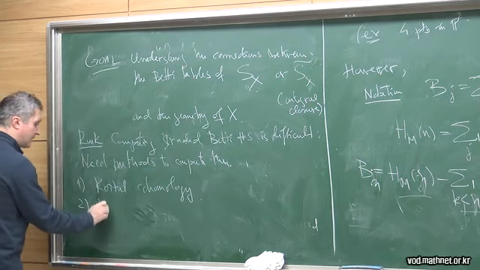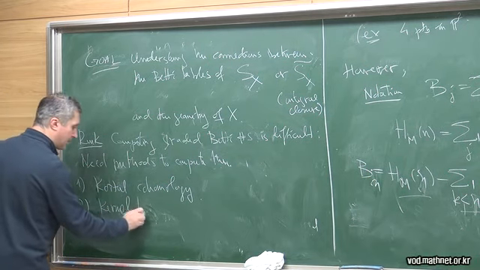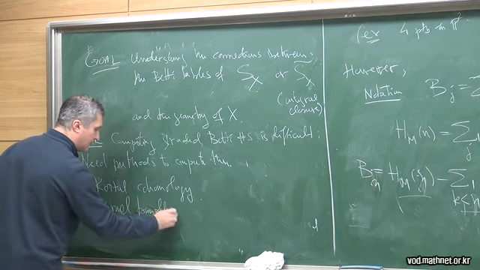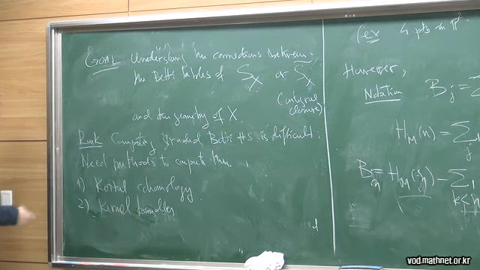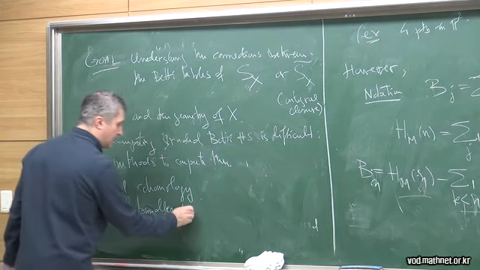Then kernel bundles. So these are kernels of evaluation maps.